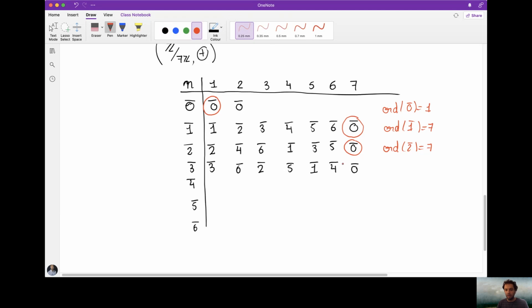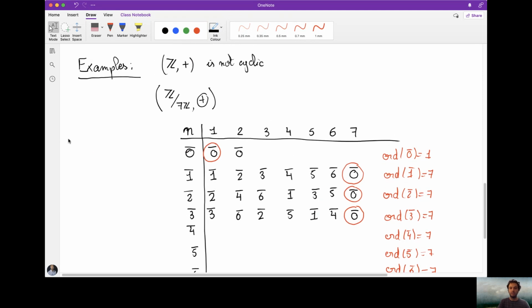I think that by now you have guessed that the order of all elements except 0 is 7: the order of 3 is 7, the order of 4 is also going to be 7, the order of 5 is also going to be 7, and the order of 6 is also going to be 7. So this is a very particular group where all elements except 0, except the identity element, are generators of the group. So that's one example.